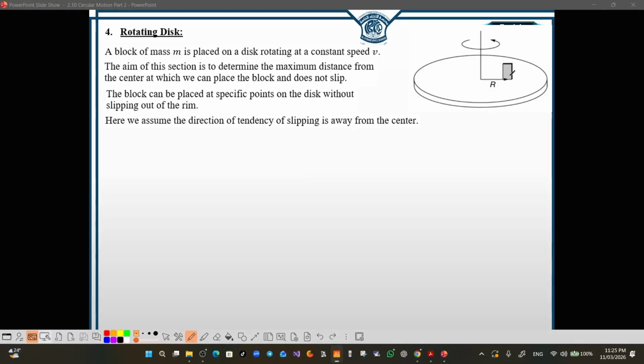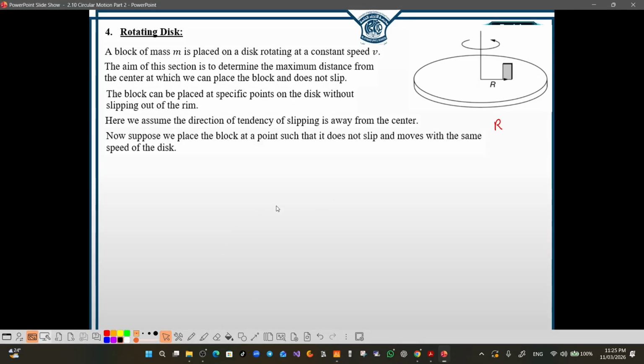So this object has the tendency to slip away from the center, and the friction is acting in the opposite way to maintain the object in this location. So if we rotate the disk with a higher speed, this object may slip away from the center. And this is directly related to the radius, and I will explain why in a moment.